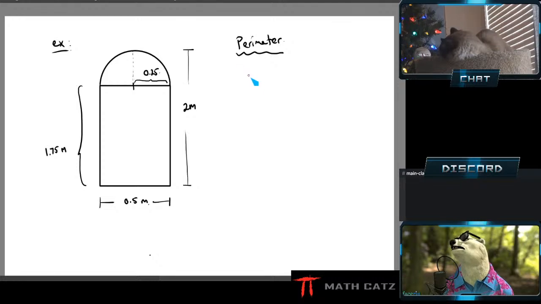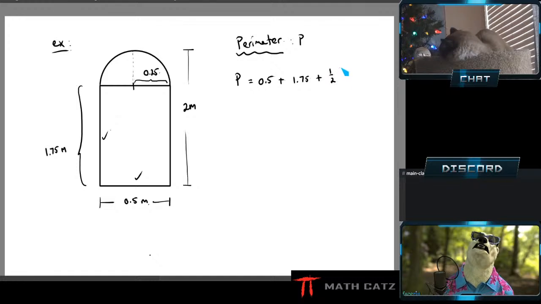So I'm now ready to find the perimeter. The perimeter, let's call it P, is, let's start at the bottom. Why not? 0.5 plus, then the 1.75, then halfway around the circle.